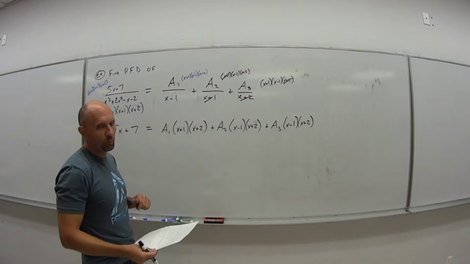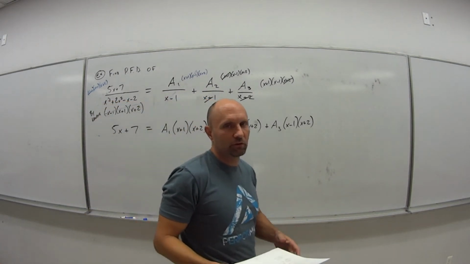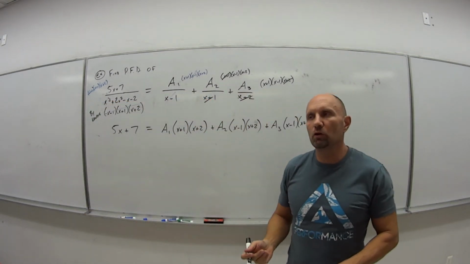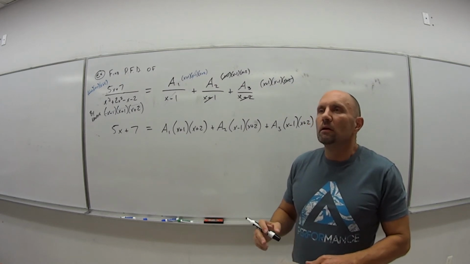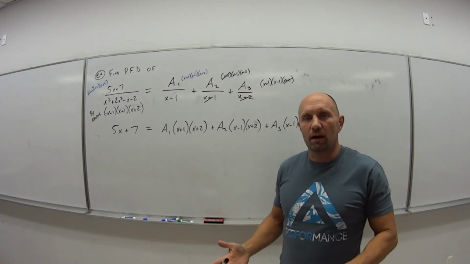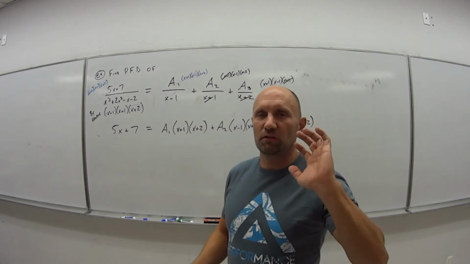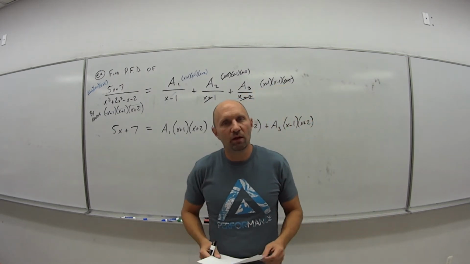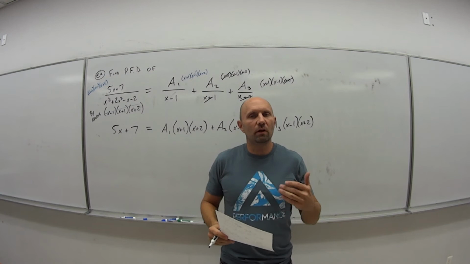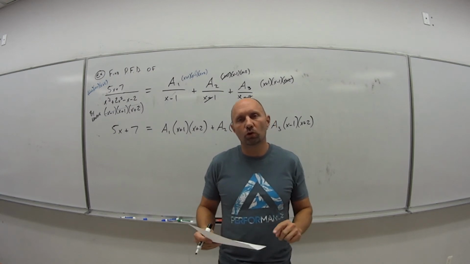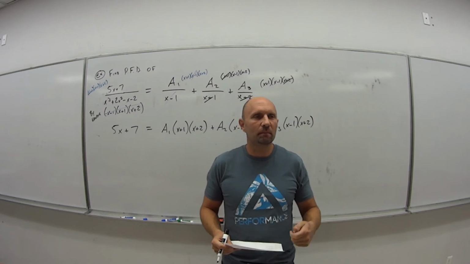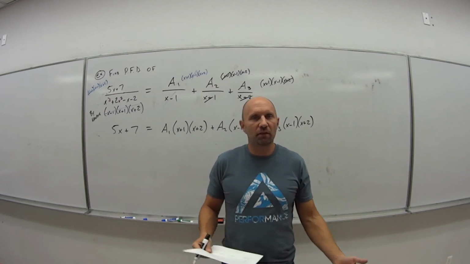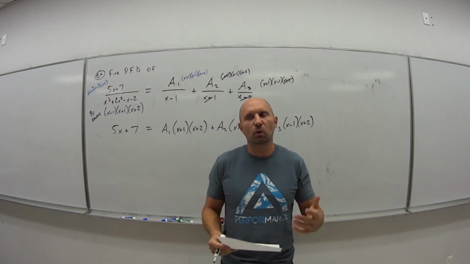So now, this is where I was talking about this other method. I'm not going to go through it. It's called a zero out method because it doesn't work all the time. Hopefully by now you've watched enough of my videos that you know I don't like showing you things that don't work all the time. Otherwise, what happens on the exam if the question happens to be one of the cases where it doesn't work?